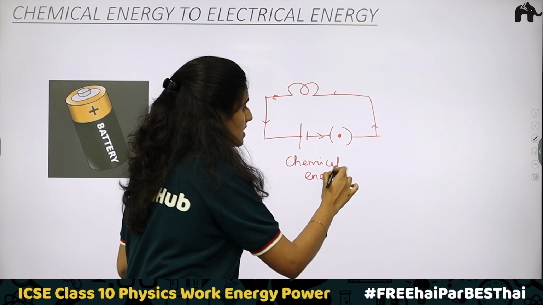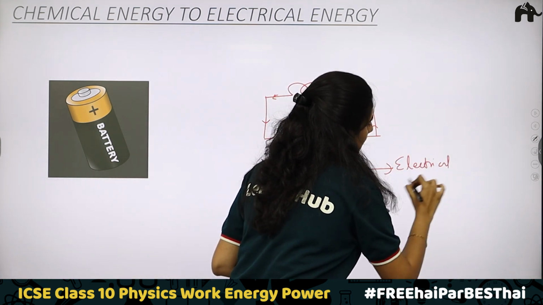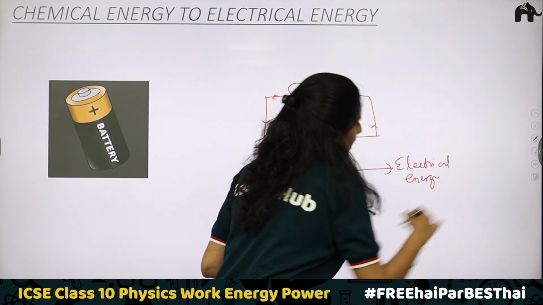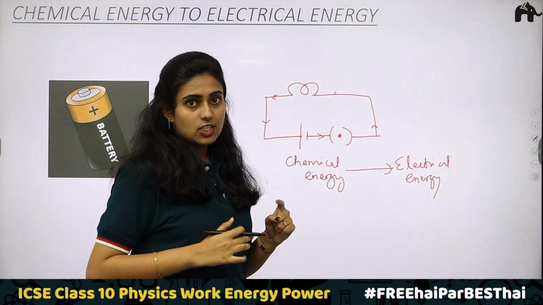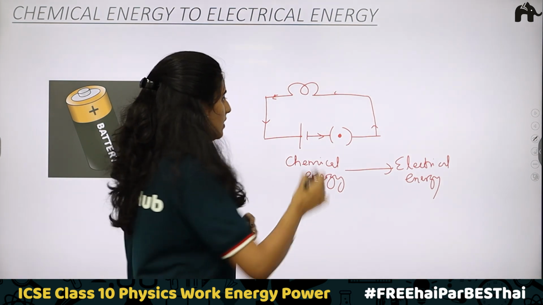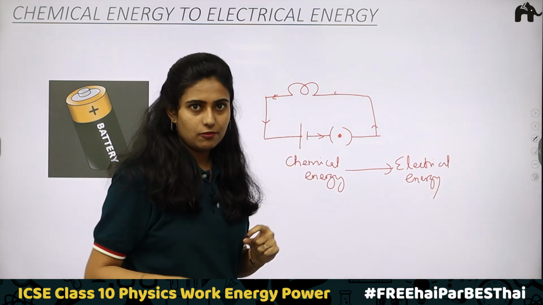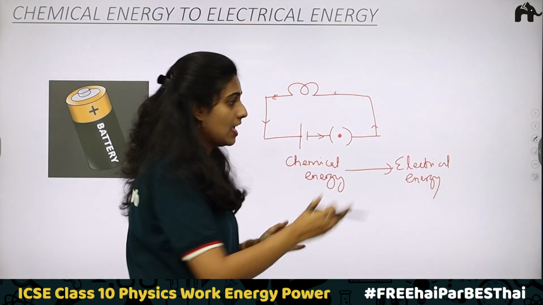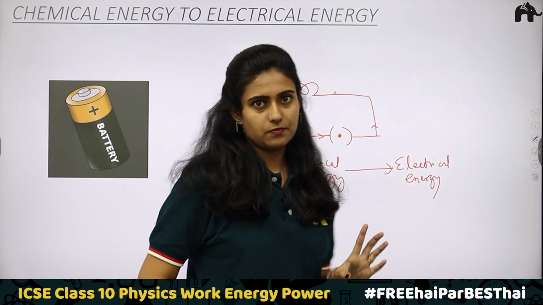This energy gets converted into what form of energy? Electrical energy, due to the flow of electrons. In the opposite direction, there will be current flow. In which direction do electrons flow? In the opposite direction, there will be current flow. Okay, here this is happening. And this electrical energy can help the bulb light.